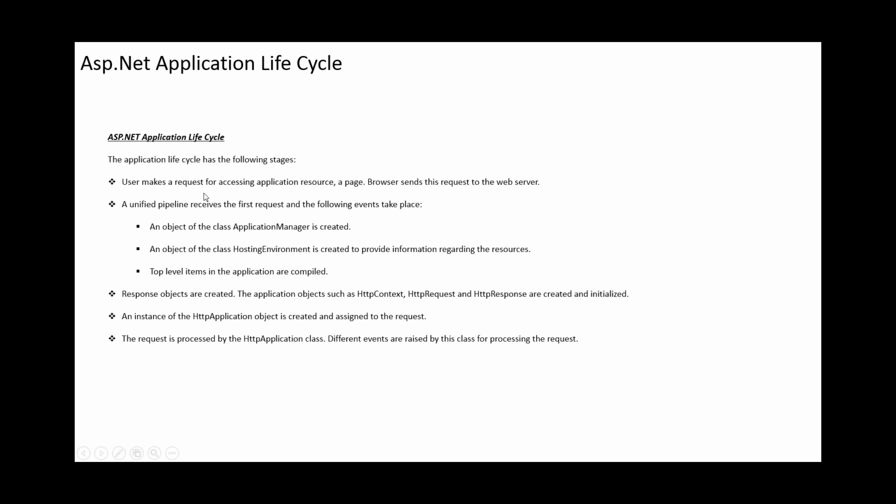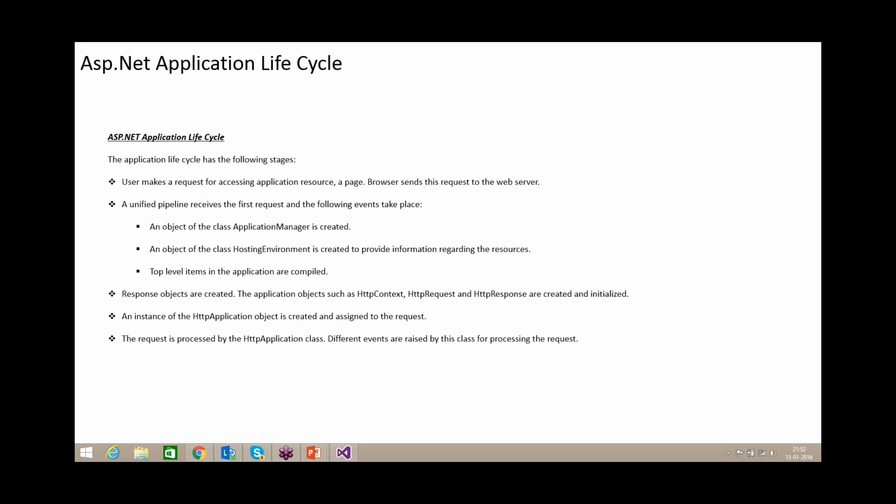So, the ASP.NET application life cycle. When you deploy your application to the IIS server for the first time, what happens? The user makes a request for accessing application resources like a page. The browser sends this request to the web server. A unified pipeline receives the first request and the following events take place. An object of the class ApplicationManager is created.